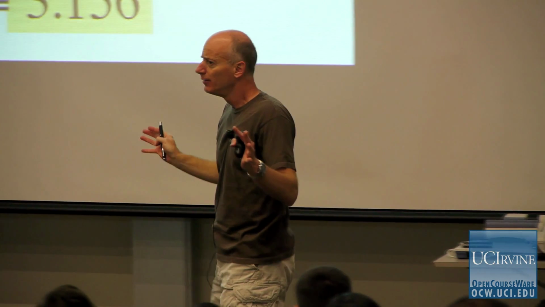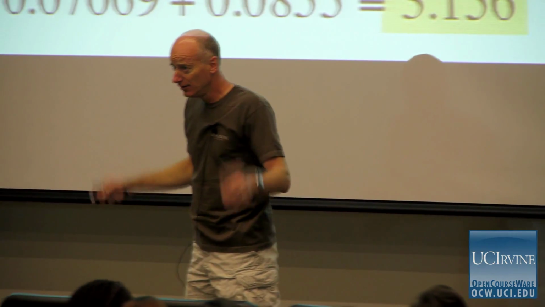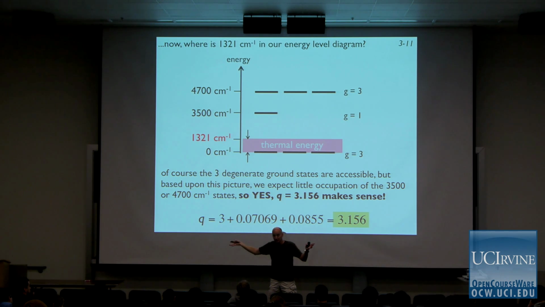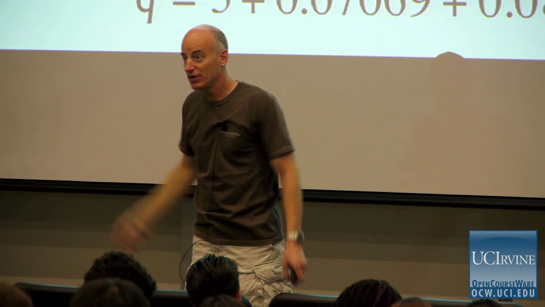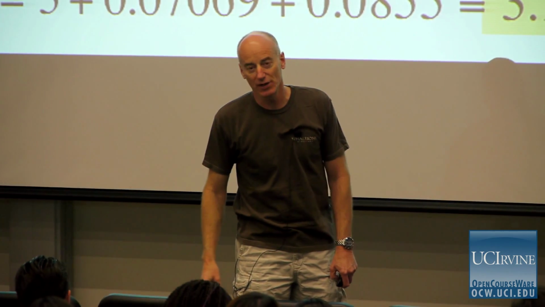If we had gotten 4, that should be a red flag. That sounds too high. We shouldn't really have that much occupation of these excited states. And that level of intuition is only going to come from doing a bunch of problems. After you've done a bunch of problems, it'll be clear to you that no, there's no way that 4 is the right answer.